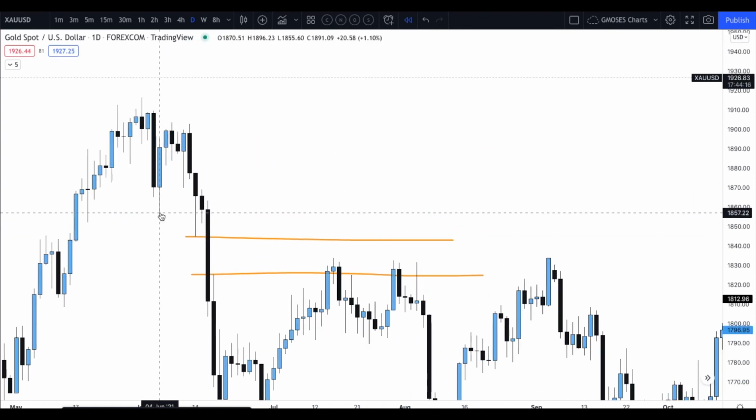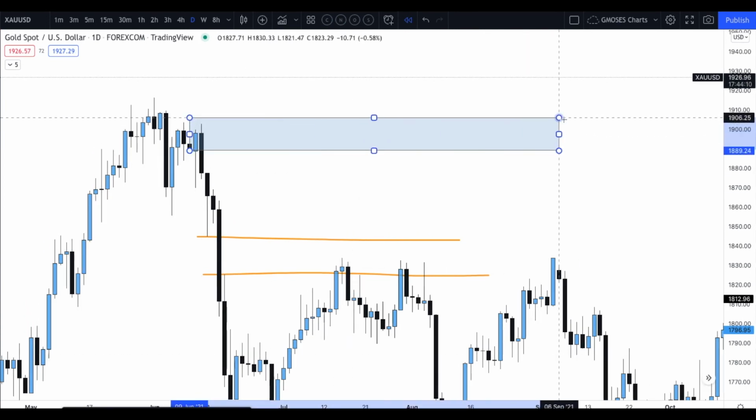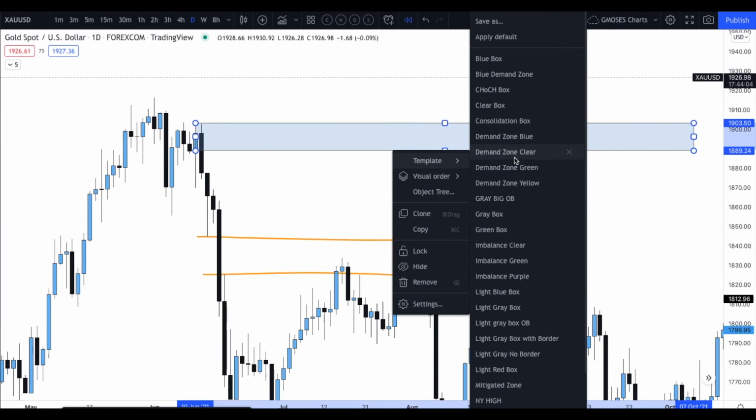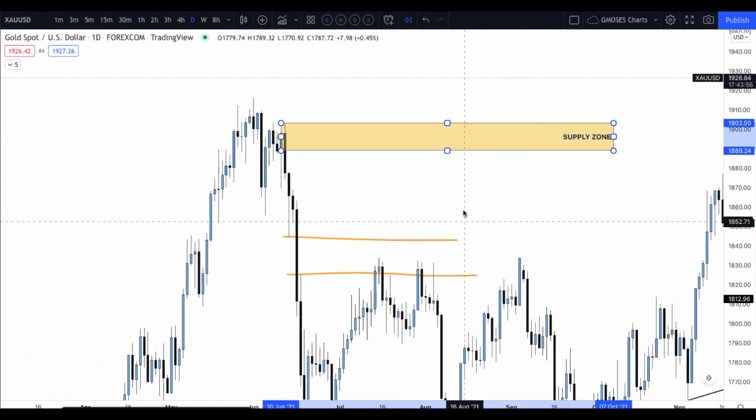But if we look at this, we can see that this level of supply was created from this order block here. Okay, we have this order block that was creating this level of supply. Let's go ahead and mark that up. Supply right here.